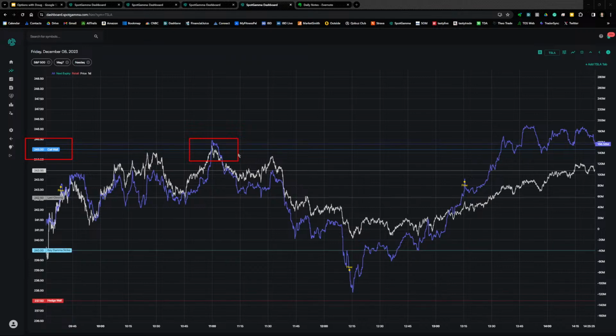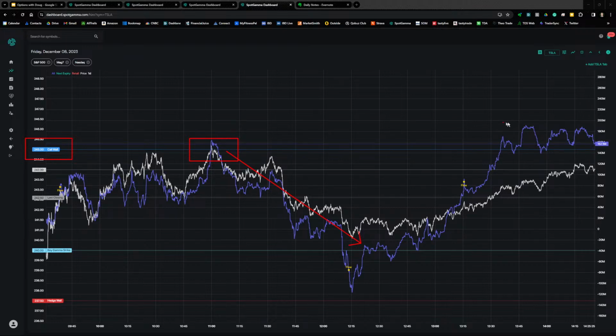And notice price touches the call wall, traders start taking negative delta positions. And notice again, as Tesla price approaches the call wall, options traders are taking their foot off the gas. The Hero signal leveling off.